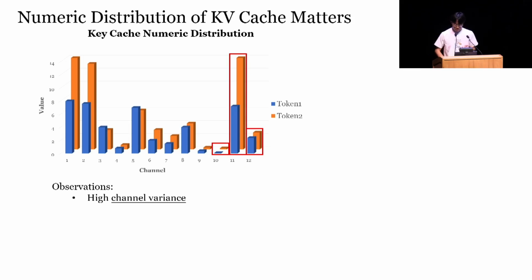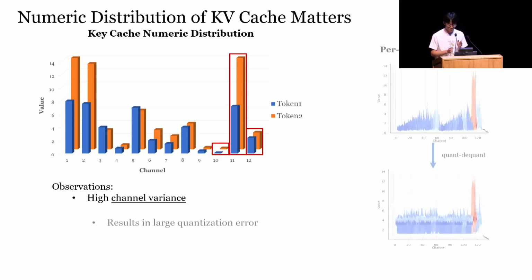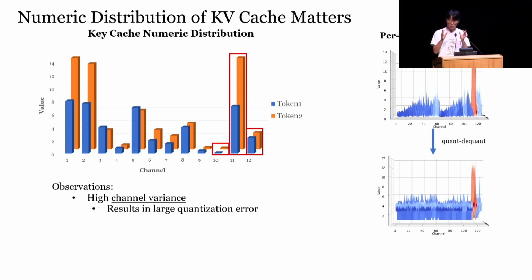First of all, there is a huge variance between different channels, which leads to huge quantization error. The reason behind this is that the per token linear quantization is essentially an affine map. It maps the real value of the channels to the post-quantized space.